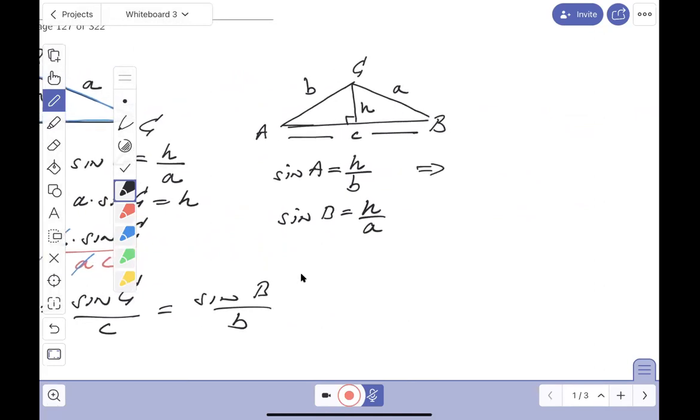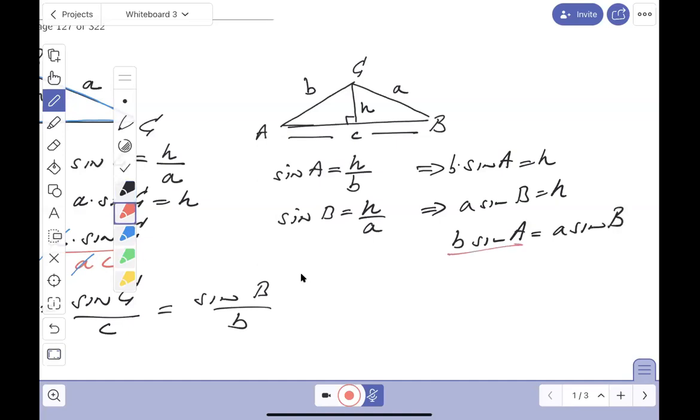You know, maybe I'll go through that with you. Maybe it's not obvious. Sine a times b equals h. And this would be a sine b is equal to h. If h equals h, I get b sine a equals a sine b. What would I do now?